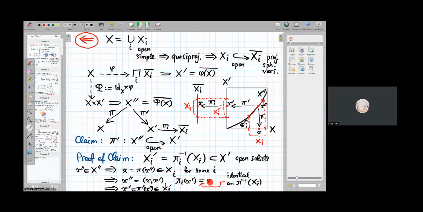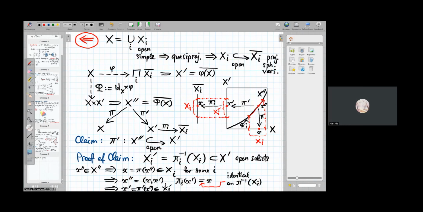You are talking about this equation, not about x2 prime. Oh, I see. No, about this equation. But these two points, x prime and x, are components of this point, x double prime. These are two components of this point, which sits in the product. So this is an equation on coordinates of this point.